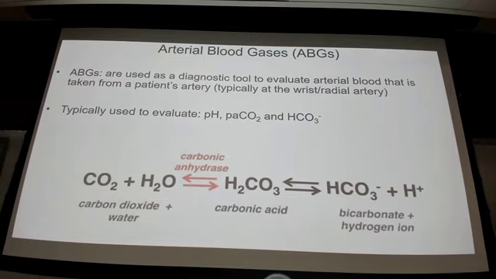This equation is very important for determining arterial blood gases. Carbon dioxide plus water in the presence of carbonic anhydrase will produce carbonic acid that will quickly dissociate into bicarbonate and hydrogen ions. This is the foundation for our body's maintenance of its proper pH. Any questions?